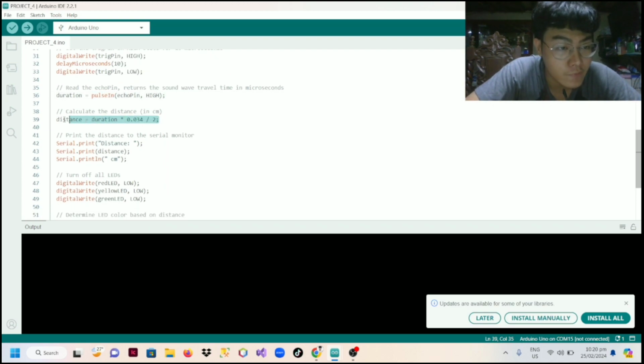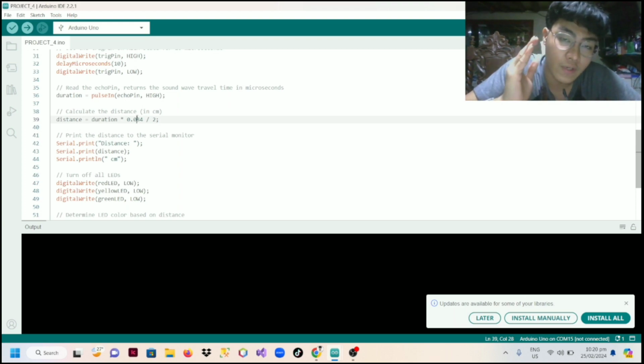Meanwhile, we also have this formula called distance equals duration times 0.034 divided by 2. So this will be calculating the distance based on the duration. And we have here the 0.034, which is the speed of sound. The speed of sound is about 0.034 centimeters per microsecond.